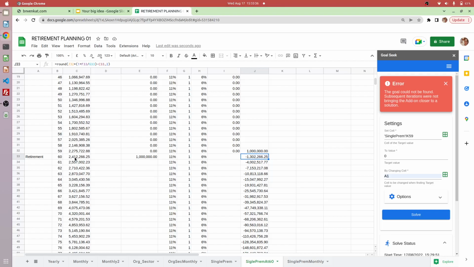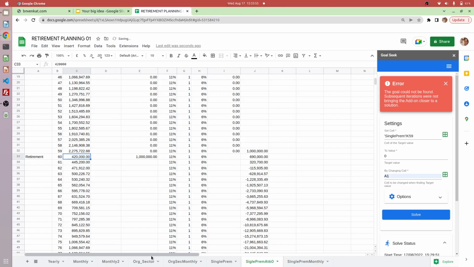Current year, the 60th year expenses would be 24 lakhs 12,000. This is wrong. We are starting with the 60 years. Therefore, at 60 year, we will be spending 4 lakh 20,000.